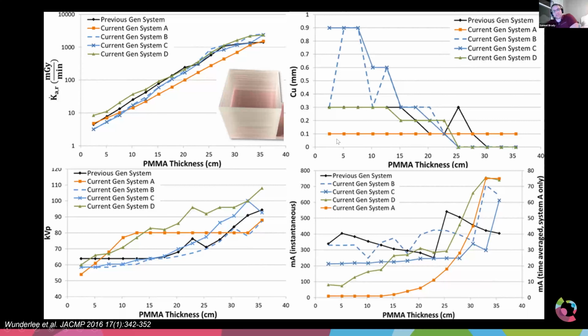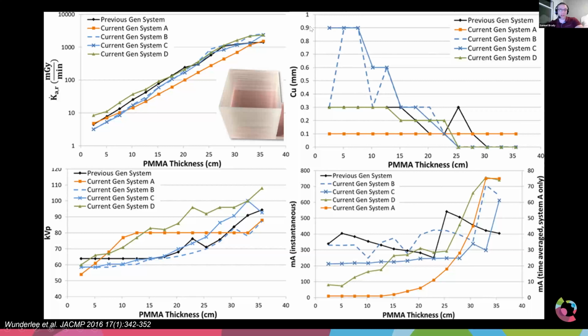This system, because it has a 0.1 millimeter copper filter, is going to allow you to have short pulse widths. So the contrast in this system will be slightly different because the kV changes slightly differently. But the resolution of this system will probably be different compared to this one, system C, that has this blue X. So they start off with small patients.